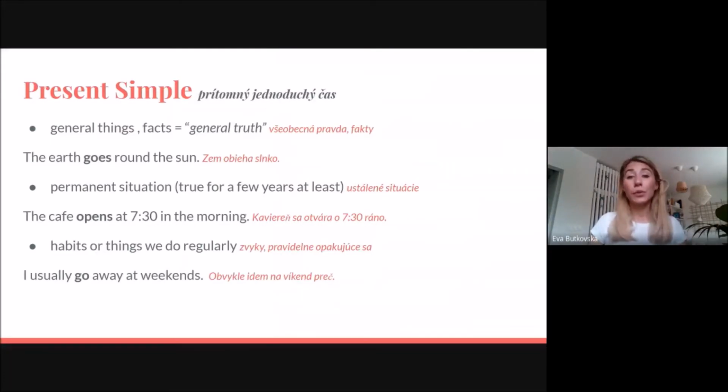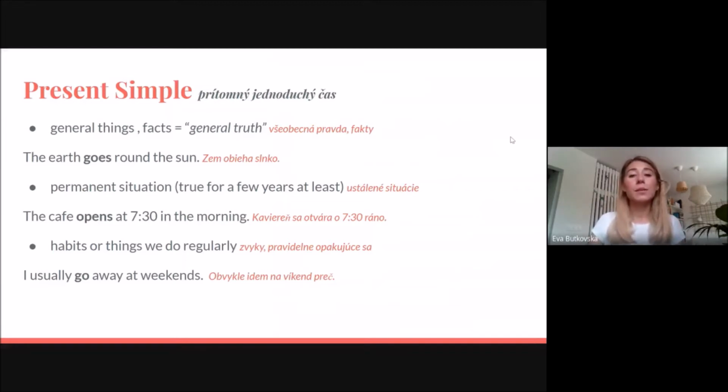The basic rule is that we use present simple to describe general things or facts. We can also say the general truth, the things that are always true. So for example, the earth goes around the sun, or Bratislava is the capital of Slovakia. So all the facts.